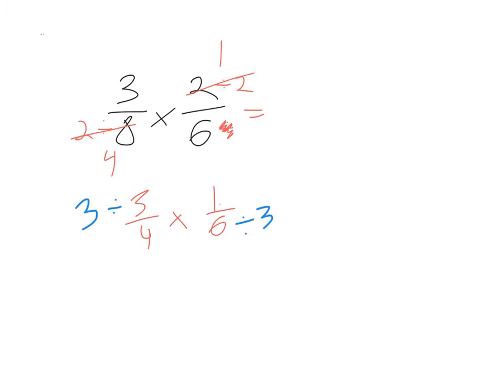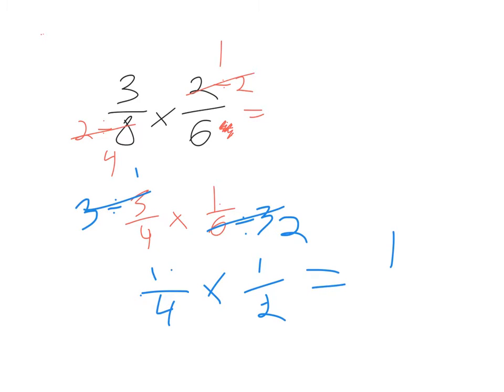How many times does 3 go into 3? 1, okay? And then 6 into 3? 2. So we're going to rewrite it. 1 over 4 times 1 over 2, okay? Then we're going to multiply across. You have 1 times 1 is 1. 4 times 2 is 8.